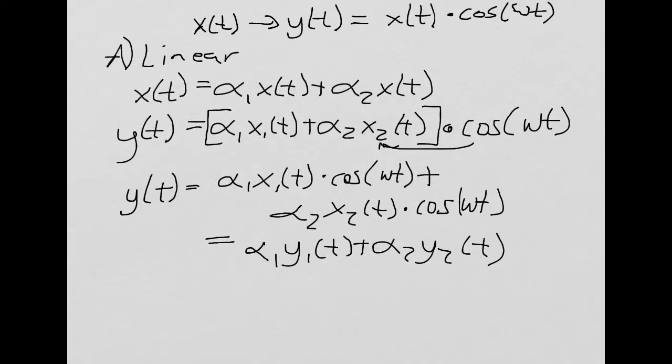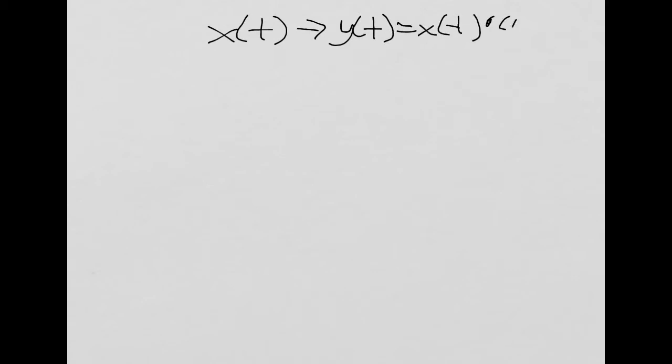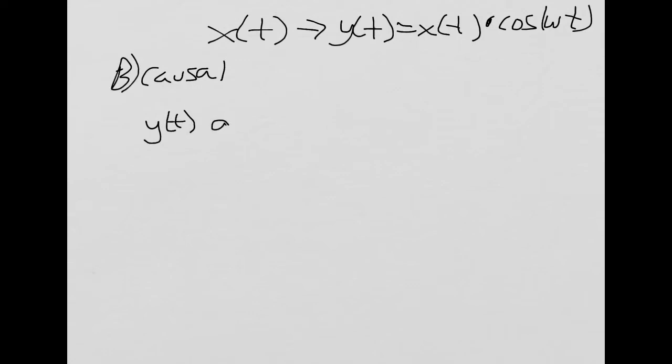So now what we want to determine is whether our system is causal. In order to do that, we could basically solve, for example, we could set our y of t at t equals 5.